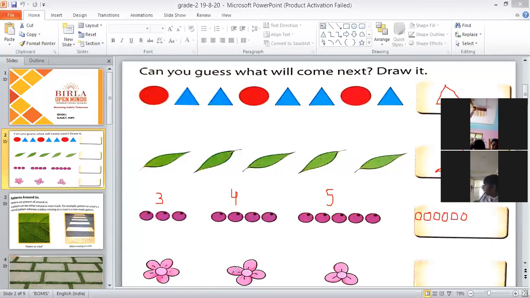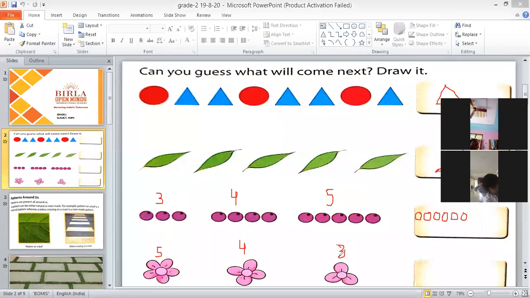In the next flower, how many are there? 1, 2, 3, 4. Okay, so I'll write here 5. Here, 4 are there. In the next one, 1, 2, 3. So we'll write here 3.